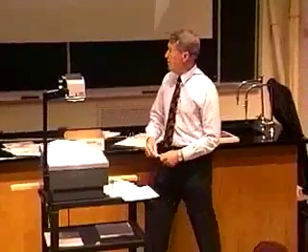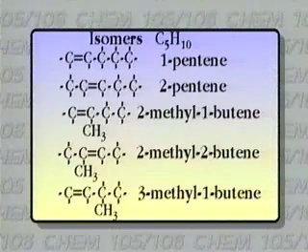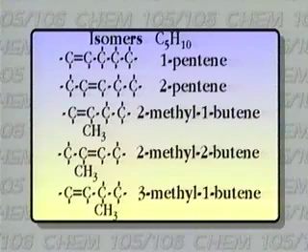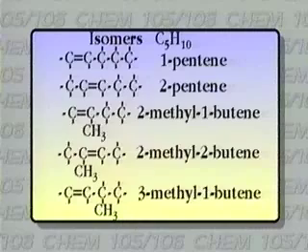Now, don't bother writing any of these down. You're not responsible for this, but I just wanted to show you here quickly what we mean by the isomers involving the unsaturated. These are all 5-carbon structures. 5 in a row would be pentane. But if we have the double bond, it's pentene. But there are 2 ways we can put the double bond.